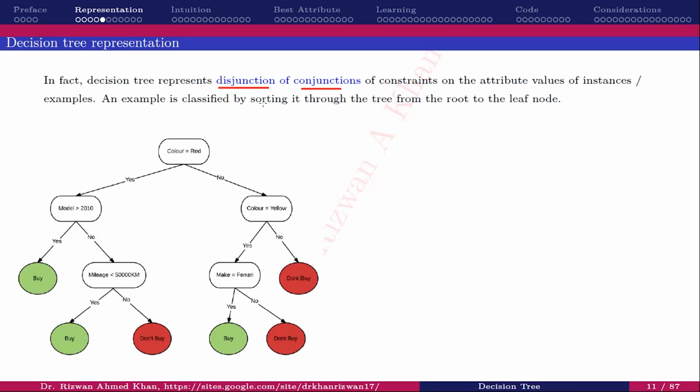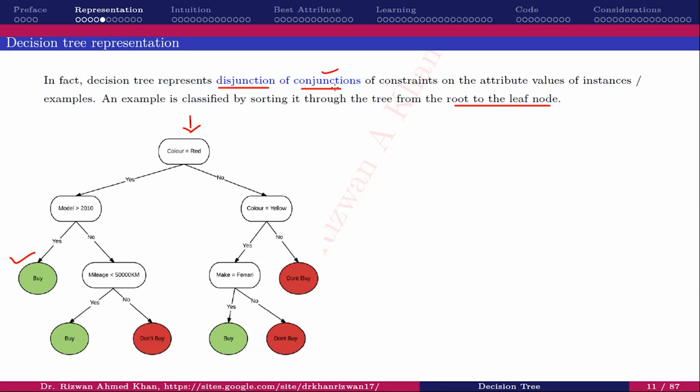An example is classified by sorting it through the tree from the root to the leaf node. Exactly what I was explaining last time, right? Starting from the root node, you try to find the leaf, and based on the leaf you make a decision. This is like a series of questions, and in terms of logic, this is like a disjunction of conjunctions.